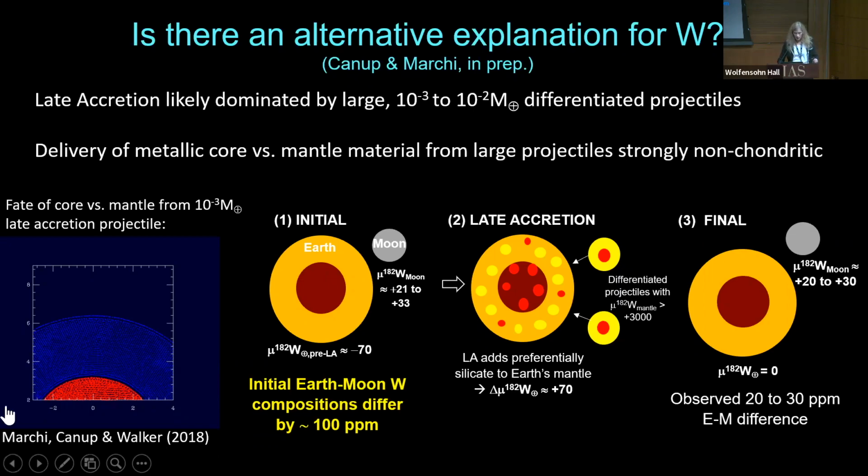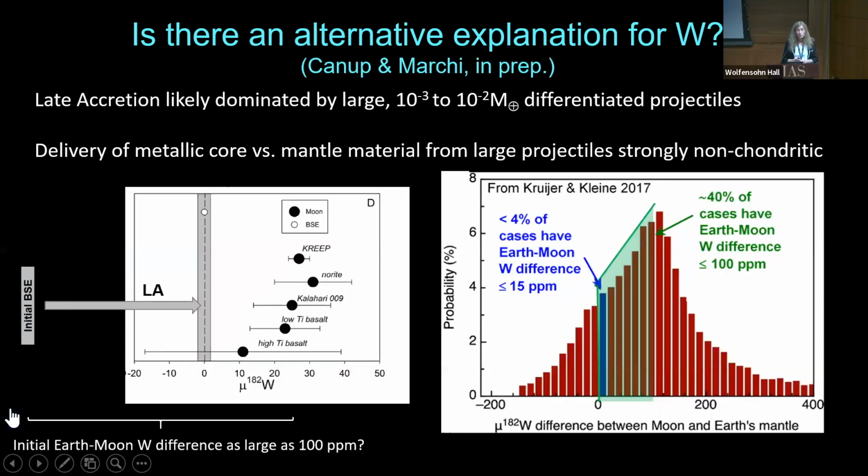And when you look at what happens to the impactor metallic core versus mantle in these types of impacts, the core from the impactors that are large and differentiated preferentially gets accreted onto the Earth's core. And so the net contribution of material to the mantle is not chondritic anymore. In fact, it tends to be in the opposite direction, tends to be positive. So if you have a late accretion dominated by larger objects that are differentiated, the interpretation changes.